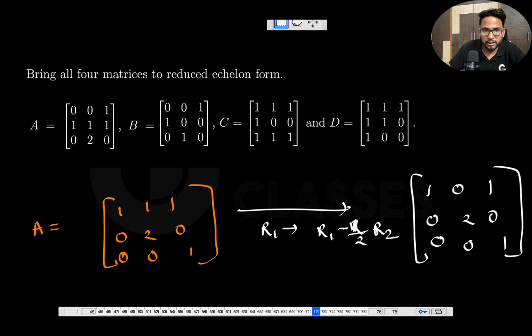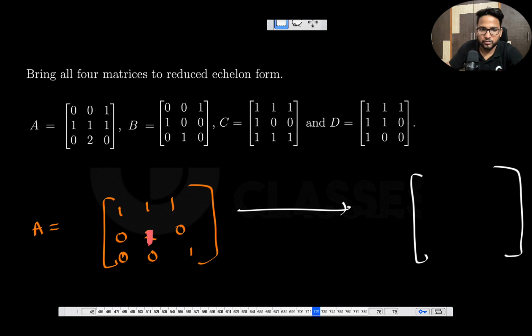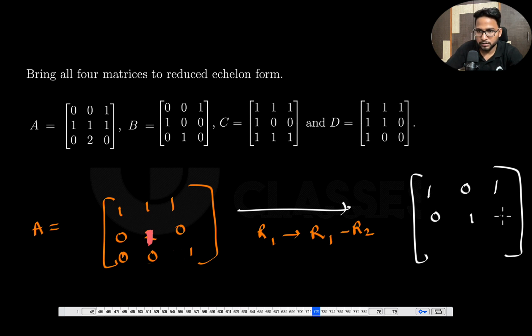So let's just divide by 2 and make this 1, and then it will be easy to do. So R1 can be replaced by R1 minus R2. This will be 1, 0, 1 and then 0, 1, 0, 0, 0, 1. We got the same result, but that's the best practice because anyway I have to make the pivot as 1.